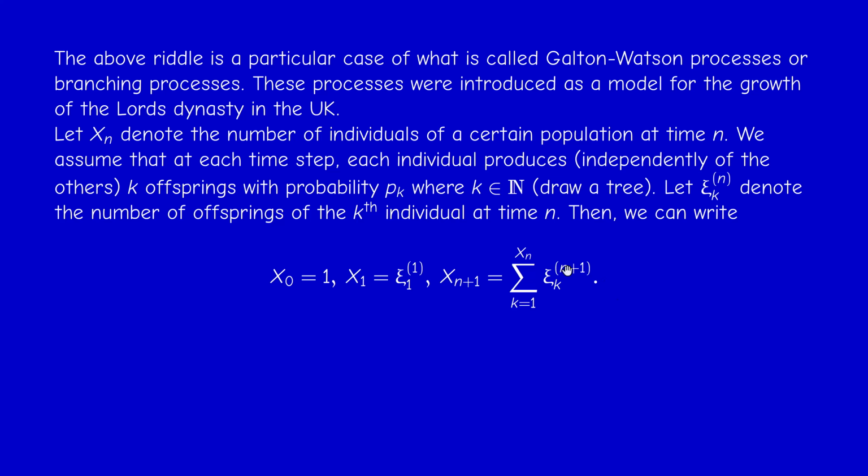At time n, we have, let us say, some number xn of individuals, and for each individual, we have a number of offspring. So we sum all these independent random variables. So the stochastic process can be written in this way.